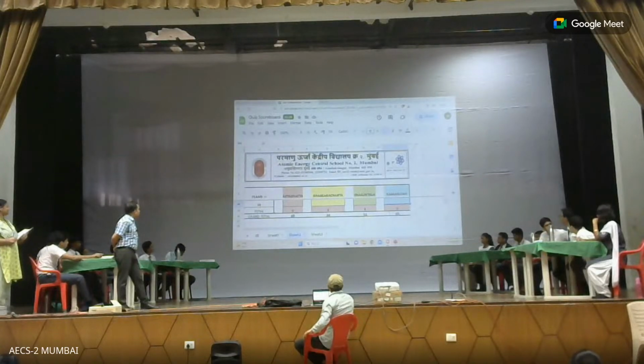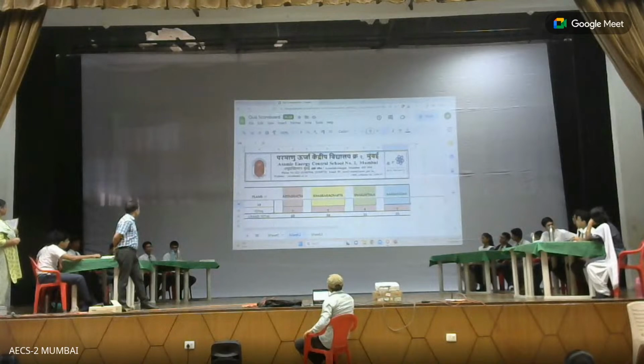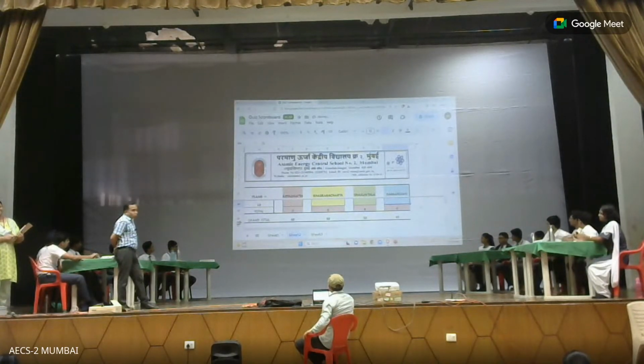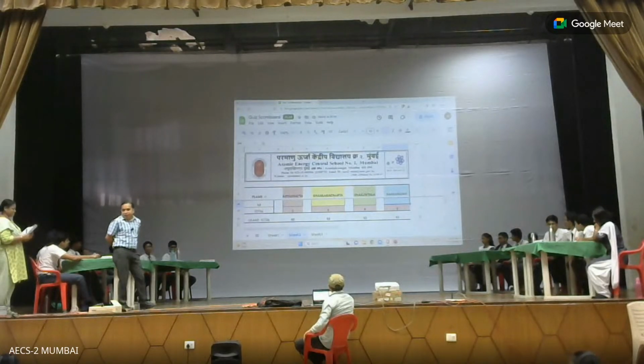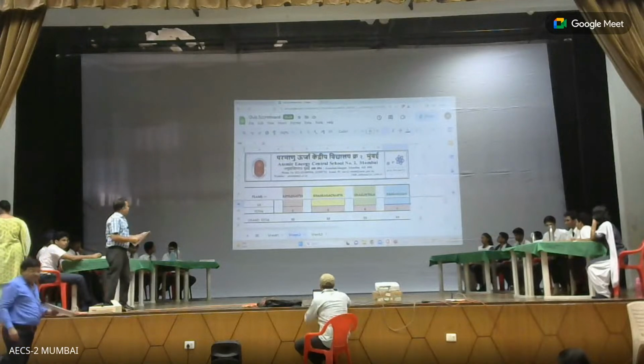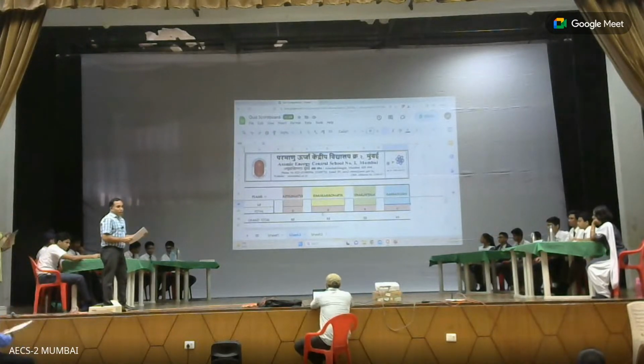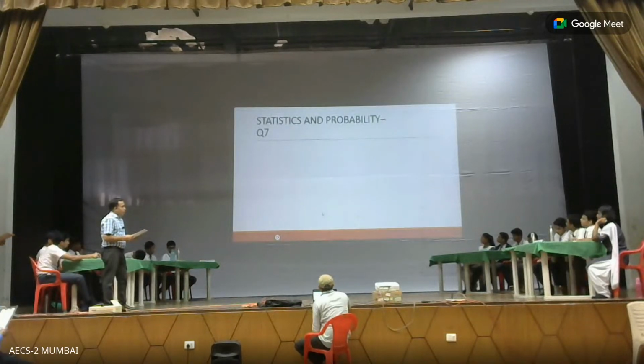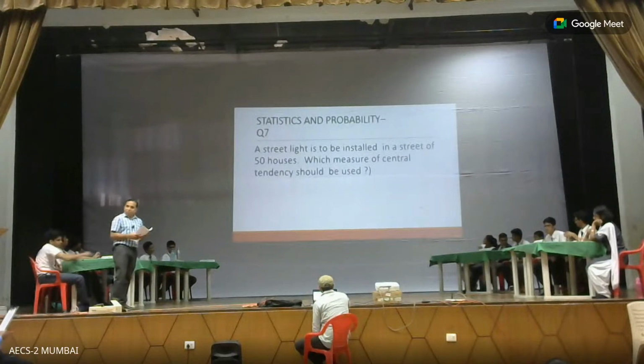Ramanujam is on 65 marks. So a bit ahead, a slight difference. There is no tie between any two teams. So now the quiz is getting towards more excitement and more thrill, because the difference between the teams is there, but is not there.